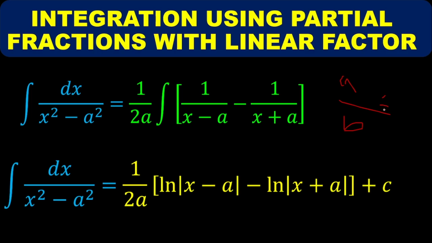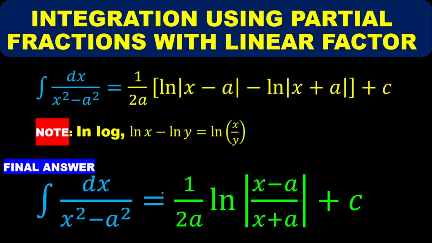So in order not to waste our time, let's look at the final answer: 1 over 2a, ln of the absolute value of x minus a, minus ln of x plus a. Here again there is a common factor. We have natural log here and natural log here. It is common to both sides, so let's factorize it out. By factorizing it out, this is what we get.